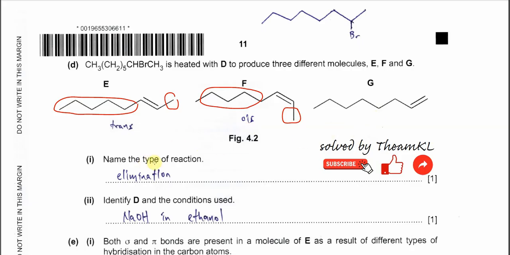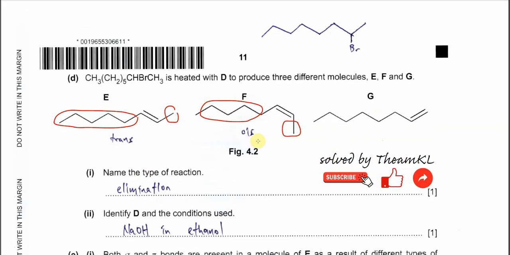Now name the type of reaction. First you need to compare with the reactant, the halogenoalkane. The halogenoalkane looks like this. So means the bromine will be removed and the hydrogen on the adjacent carbon will also be removed.